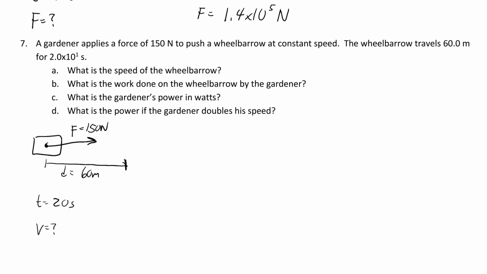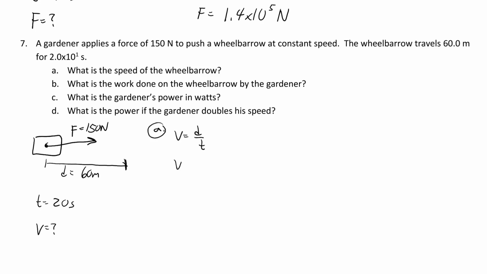I mean, you might think P is equal to FV. You might think work is equal to FVT. But remember, you're always just writing the given information down so you can figure out which equation to use. Now, look at the information that we have. Yeah, we have F, but we also have D and T, displacement and time, and we're looking for velocity. That's right. For part A, it's just V is equal to D over T.